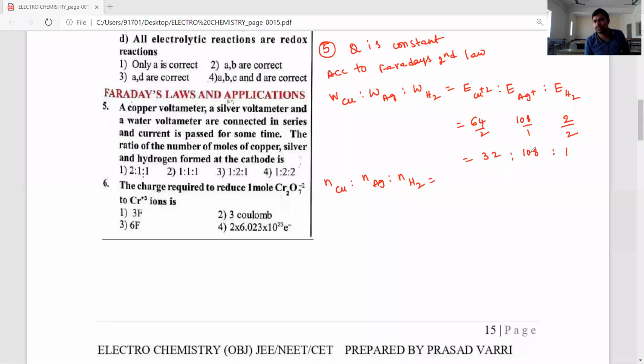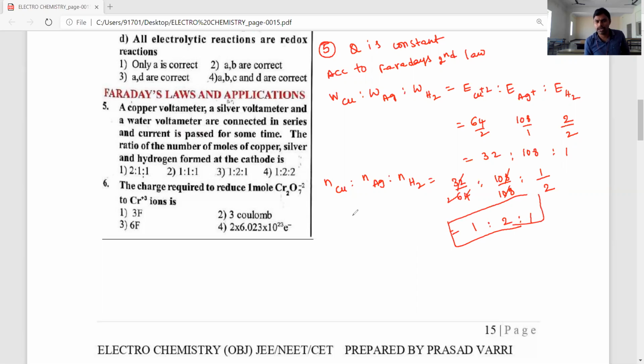The weight ratio is 32, 108, 1, so 32 by 64, 108 by 108, and the weight of H2 is 1 by 2, which is also half. The simplest ratio is 1 is to 2 is to 1. So that is the mole ratio.